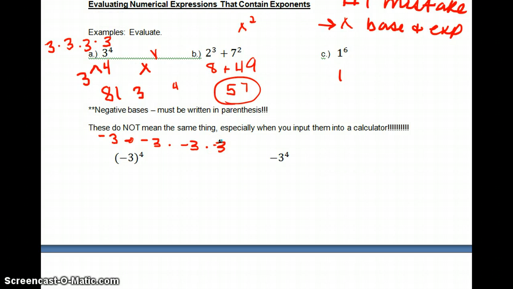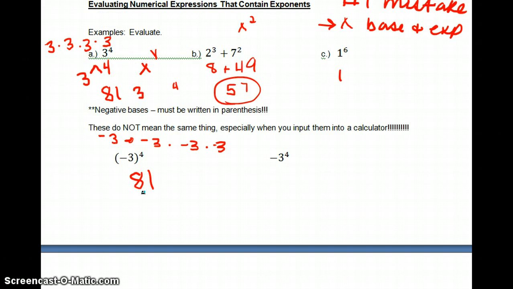When you use -3 as your base, and tell your calculator that you are using -3 as your base, and you think about the rule that I taught you about counting your negatives, you're going to see that our answer should be positive. So we should end up with positive 81 as our answer.